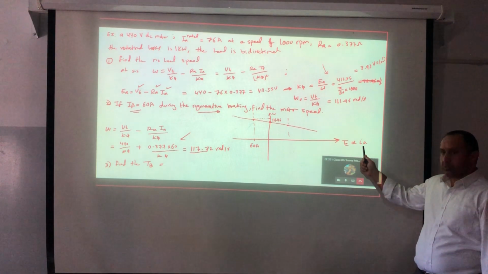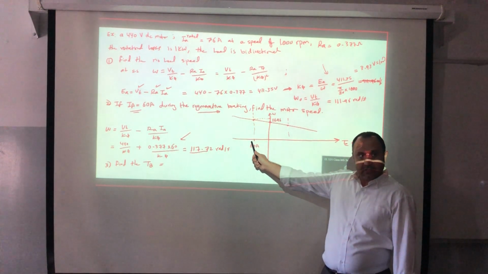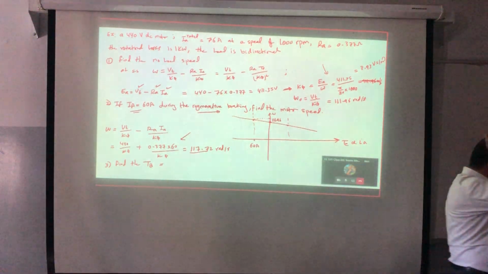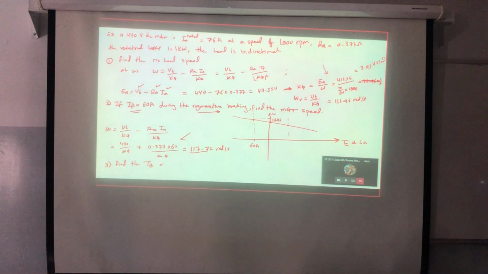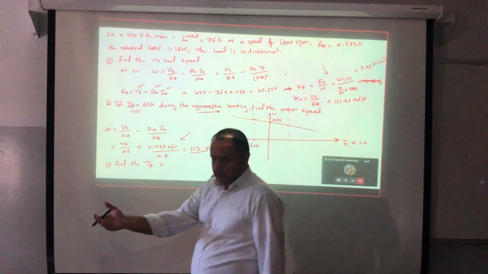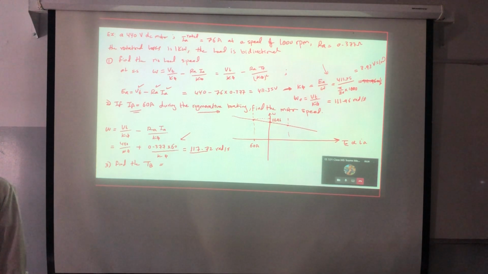The torque is proportional with the current, so this is actually an indication of the braking torque. The torque is proportional with the flux and the armature current. So the torque will equal K phi Ia.